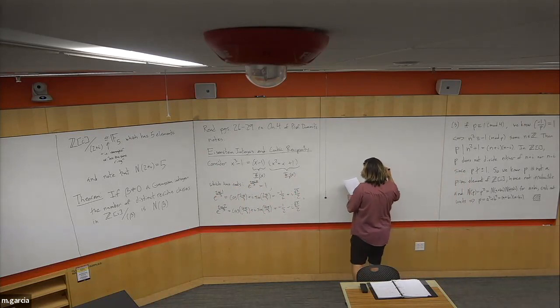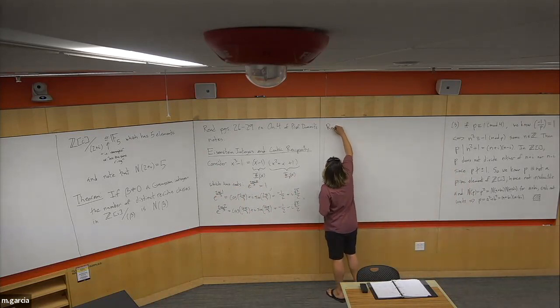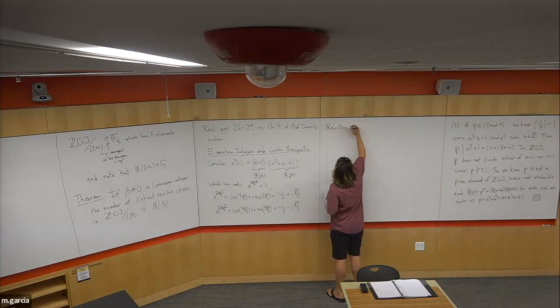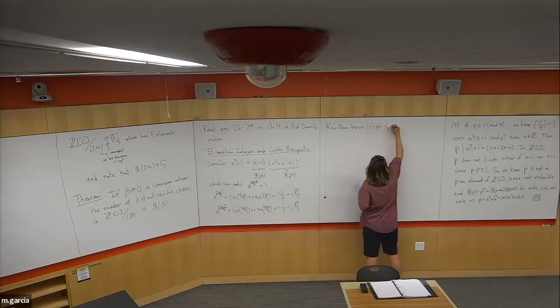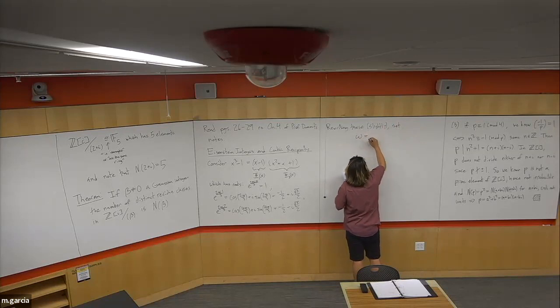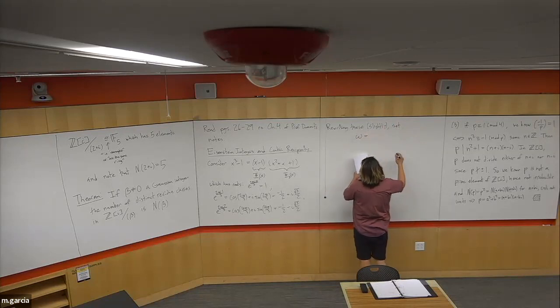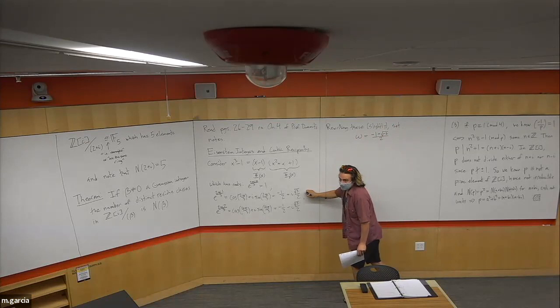So, rewriting these slightly. Set omega equal to negative 1 plus root negative 3 divided by 2. That would be this number here.